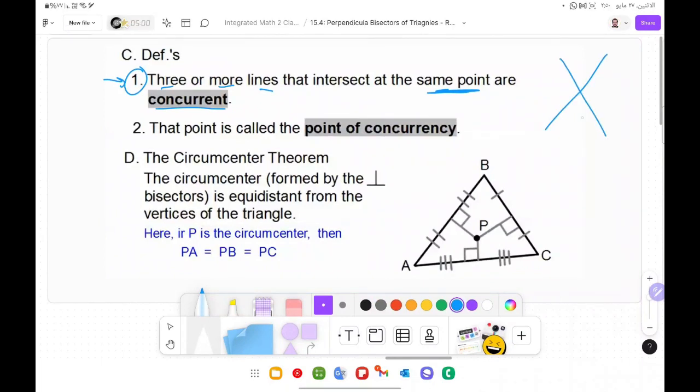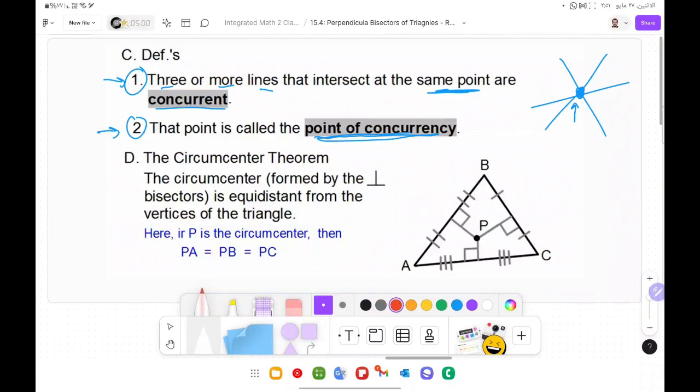Let's say I have a line here, line here, line here, any three lines or more intersecting at one point, we call this concurrent. Concurrent is the point that has intersecting three lines or more. Number 2, that point is called the point of concurrency, when the point is intersecting with three or more lines.